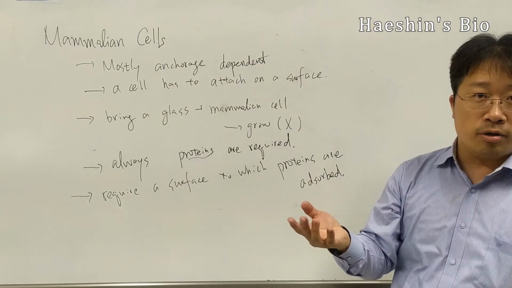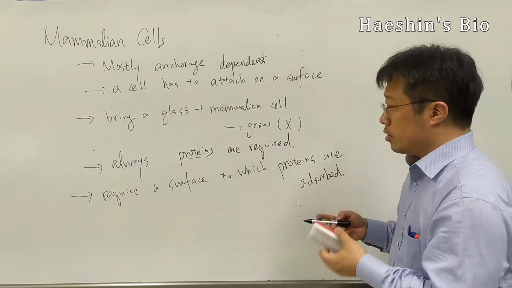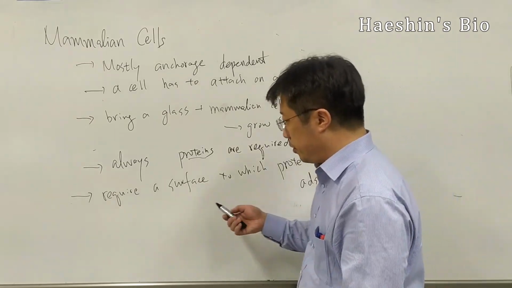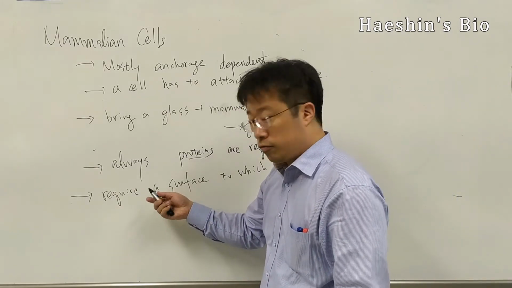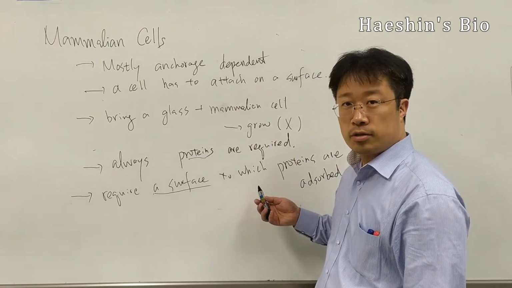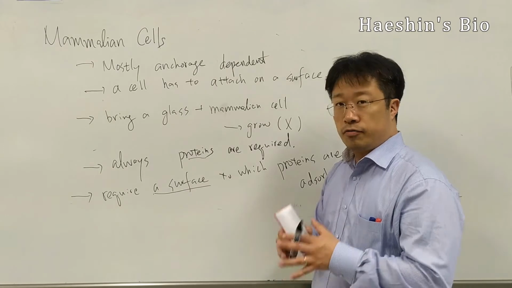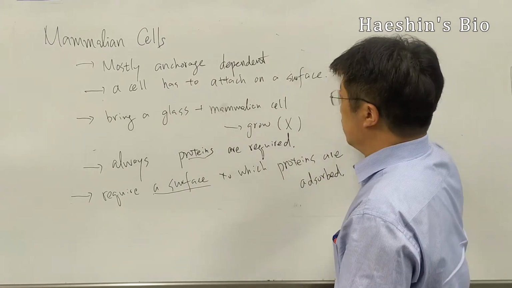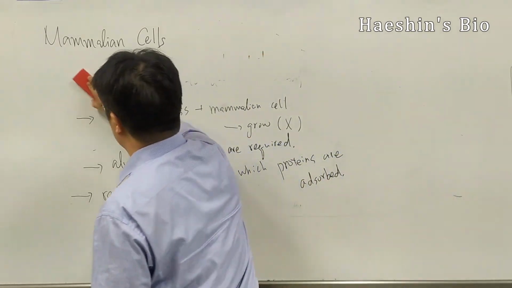Then they grow. That is the principle. It's very simple, but easy to forget. Surfaces require a protein-absorbed surface. So that is one thing. It's a very, very important thing to understand.